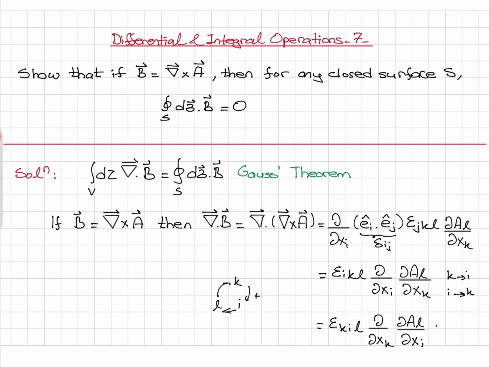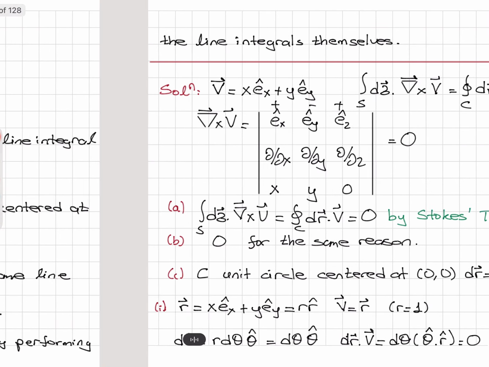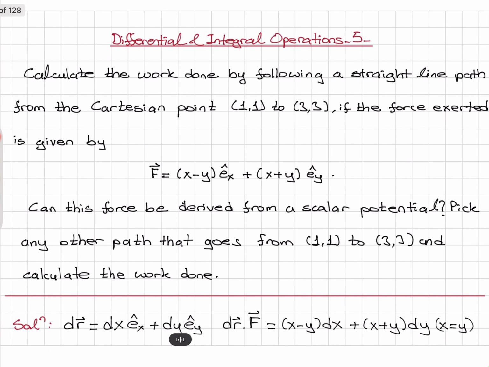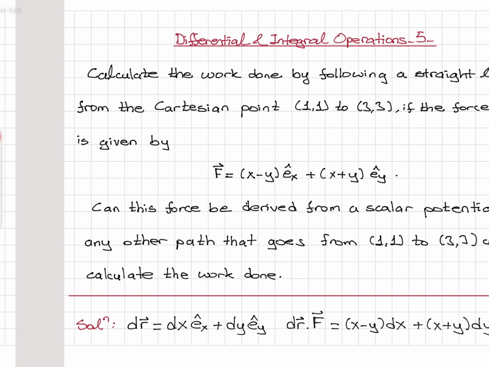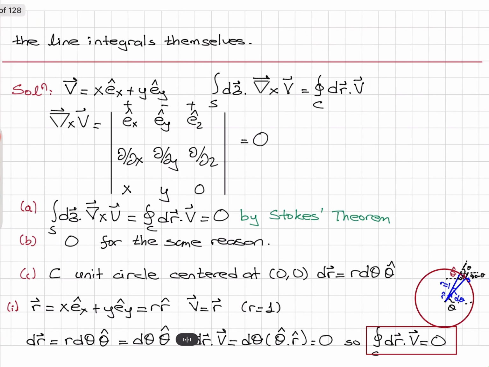If B is equal to curl A, then divergence of the curl is equal to 0 will imply that this integral is 0. Divergence of a curl is indeed 0. We have shown this before in problem 4, actually. Divergence of the curl is 0, but we can redo it here anyway.